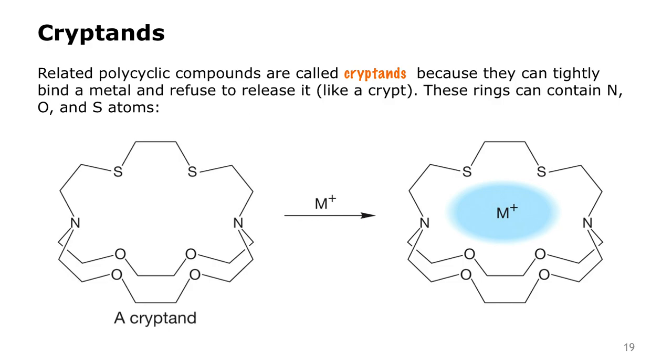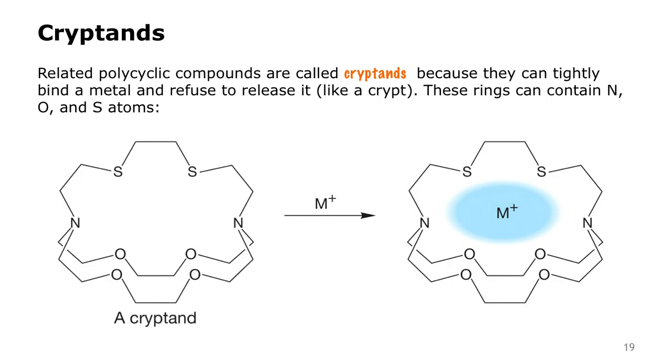There are even three-dimensional extensions of this idea where instead of just having a ring, you actually have a cage. These cage compounds are collectively known as cryptands. There's an interesting example of one shown here. Often these cryptands contain atoms other than oxygen and carbon.